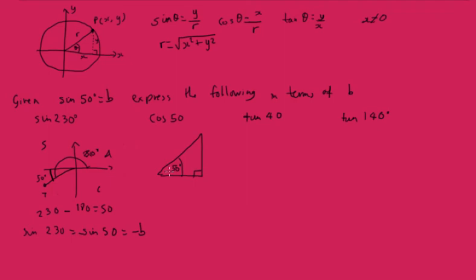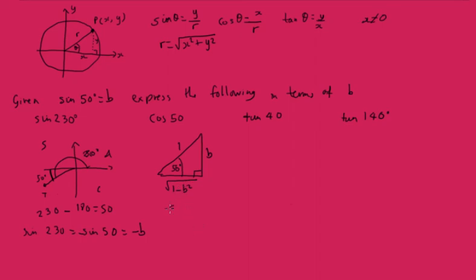So if we make the y coordinate here the opposite, b, because it's going to be b, and then divide that by 1, we get b. And then we can use Pythagoras to give us this part down here. So that would be 1 minus b squared would give us this line here.